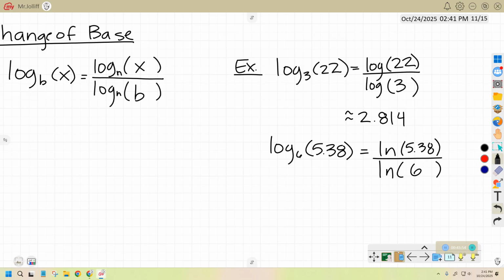So natural log of 5.38 divided by natural log of 6. And I got 0.939. One something something something. You see a whole table of nodding heads. That's a good sign. Good.